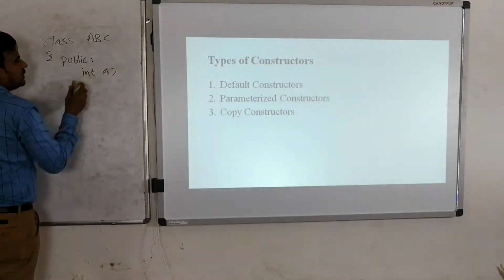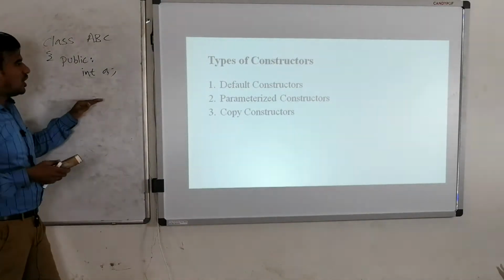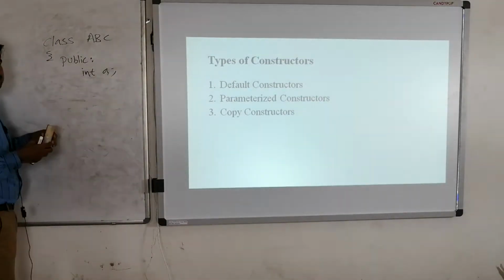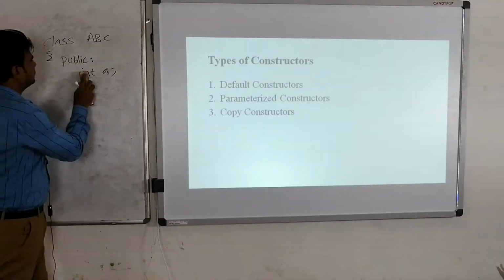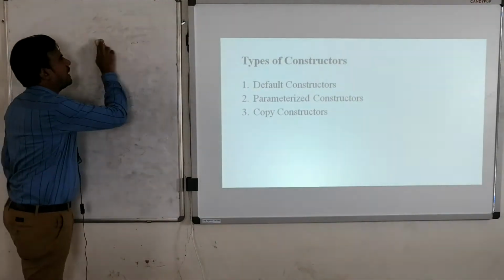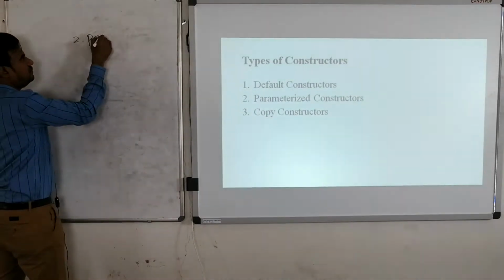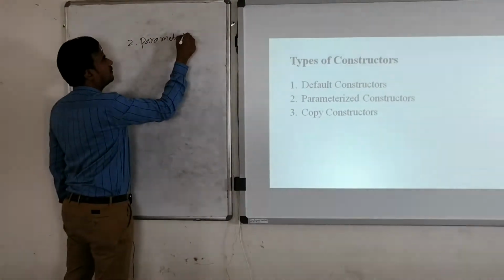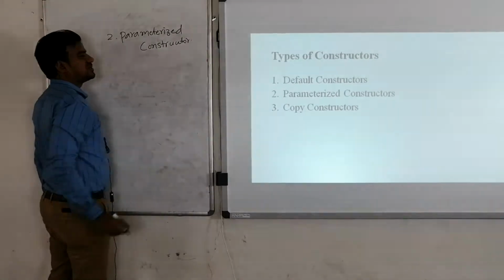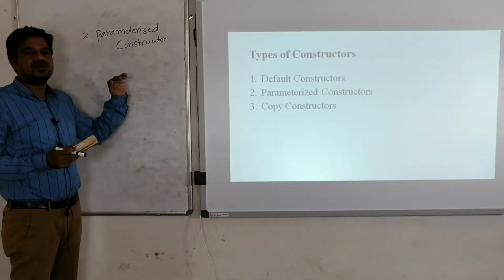The advantage of having constructors is, one, to initialize the objects. How can we initialize? Pass the values. So the second type of constructor is the parameterized constructor. A constructor can have parameters so that you can initialize the data members of your object.